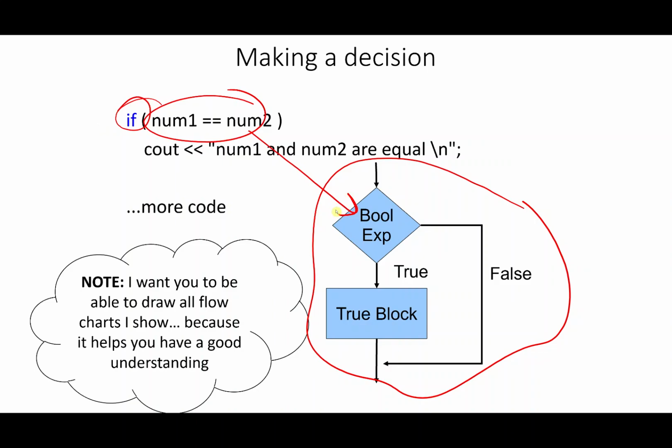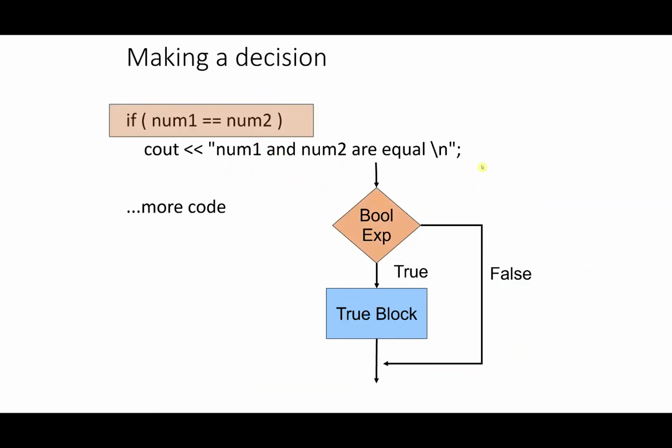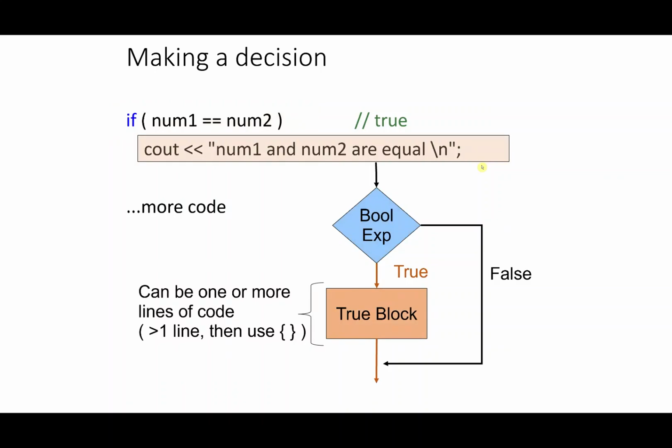If this Boolean expression evaluates to true, then do this block. This is the block. Otherwise, go out. Skip this block. This is only if.